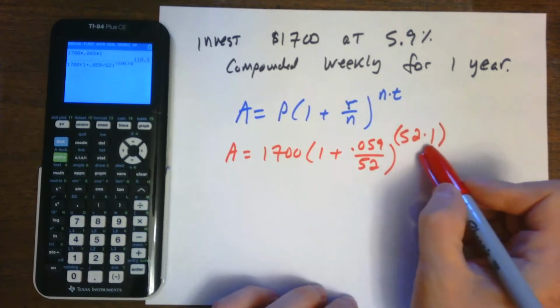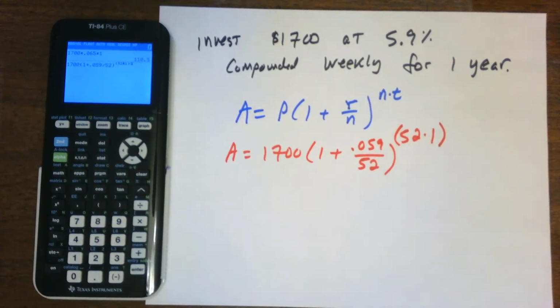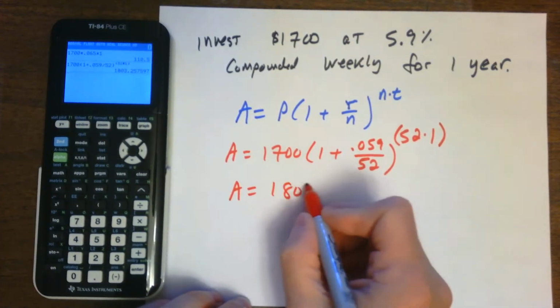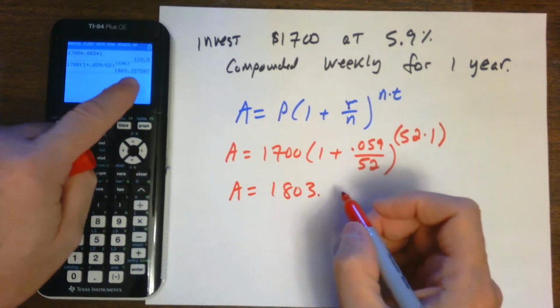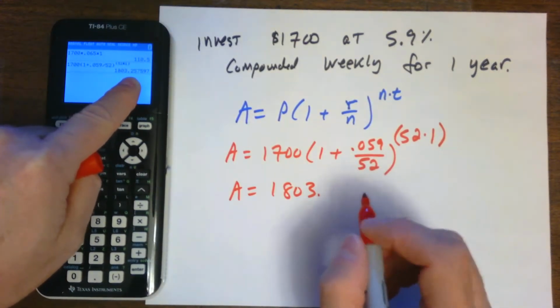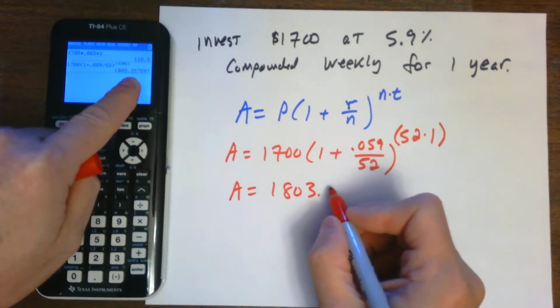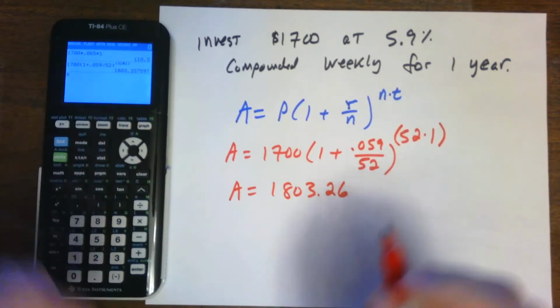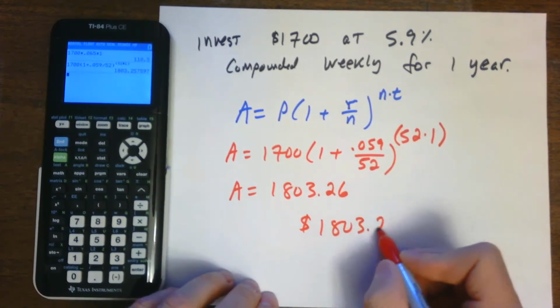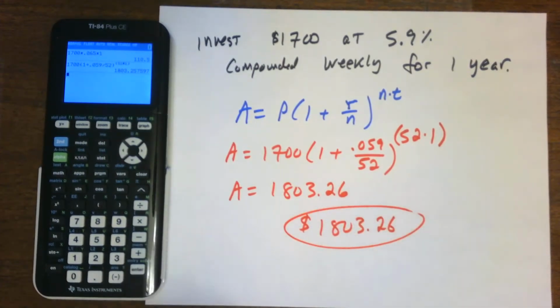And of course, the next example is not going to be 1 year. Hit enter, and it looks like the total amount this is going to be worth is $1,803. And with money, we always want to round to the nearest penny. This is 0.257, so I'm going to say 0.26.